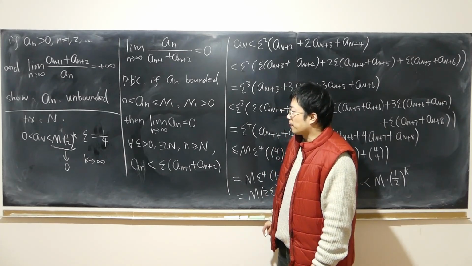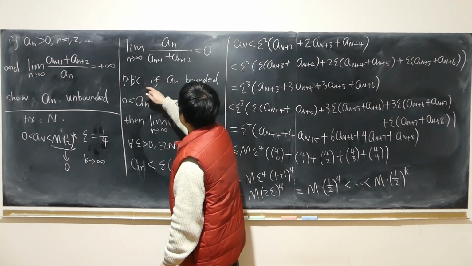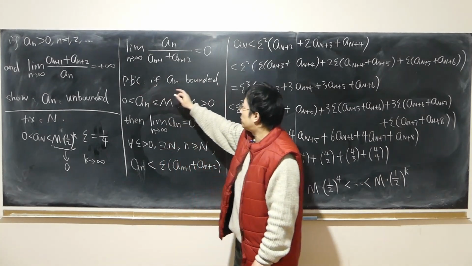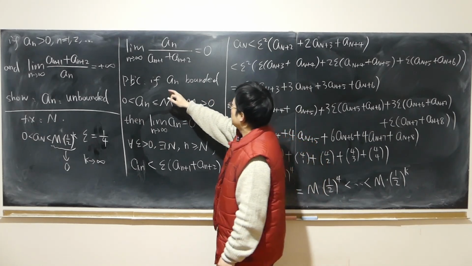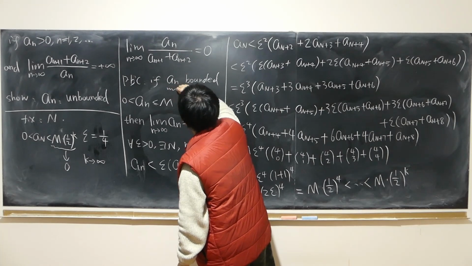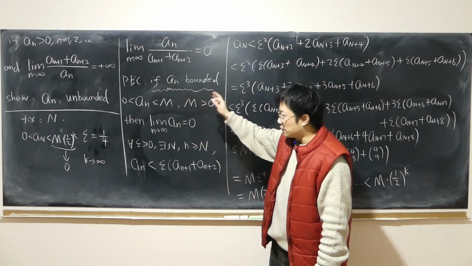It's impossible. So my proof by contradiction: here's the contradiction, so it means the assumption is false. So a_n cannot be bounded; it must be unbounded.